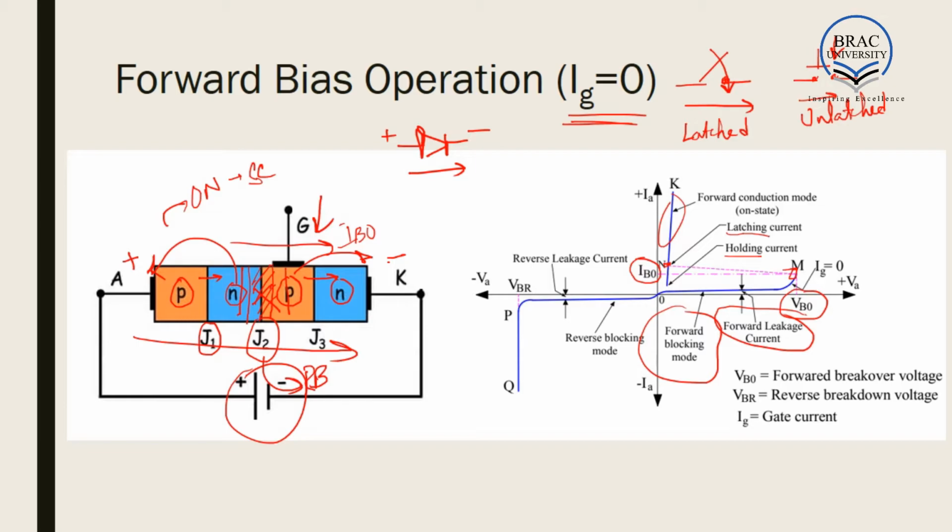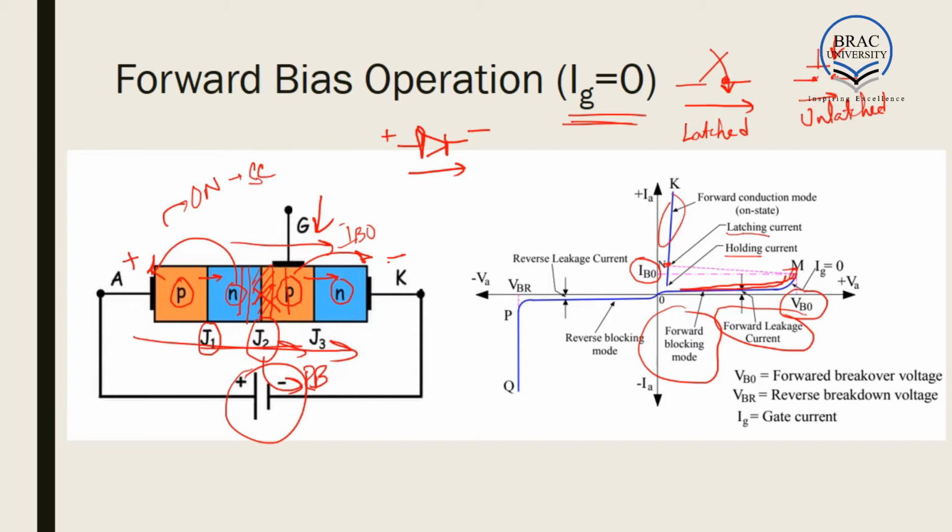And if the current of the SCR never reaches as high as the latching current, though it remains on, as soon as we decrease the voltage, again the SCR follows this curve, and as a result the SCR switches off. But after the SCR has reached breakover, if we increase the current flowing through it greater than the latching current, the switch is latched. That is, the SCR turns on.